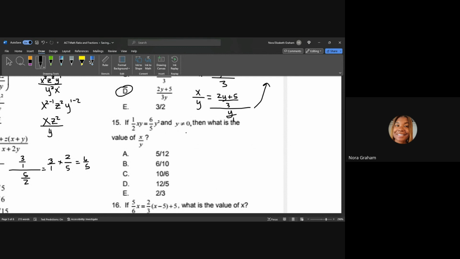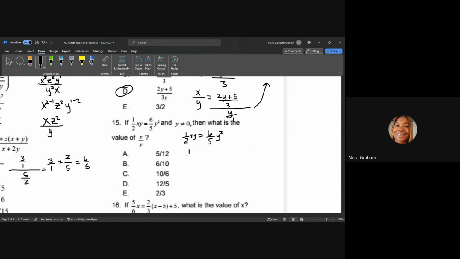For this one, I have 1/2 xy equals 6 over 5 y squared. All right, so I want to solve for my x. I could divide both sides by y.